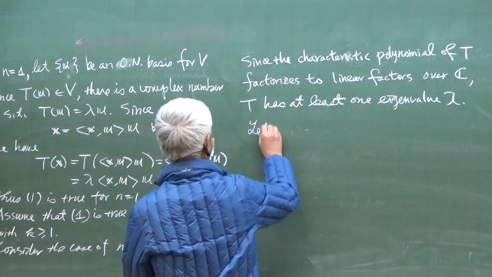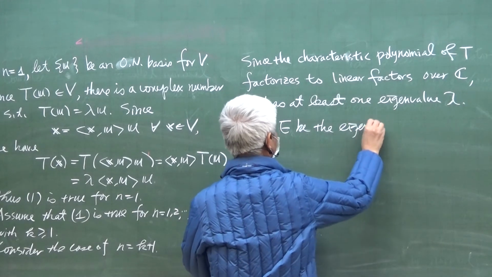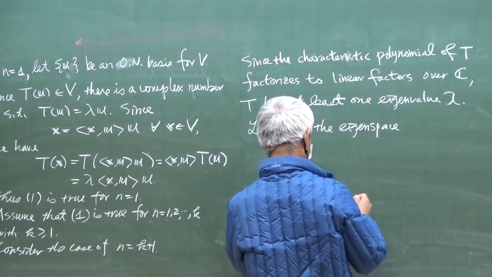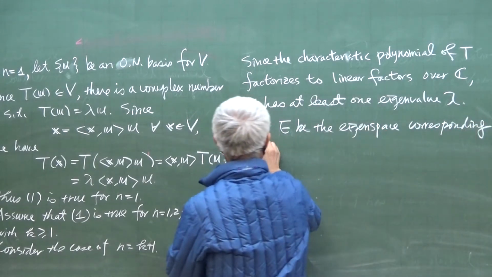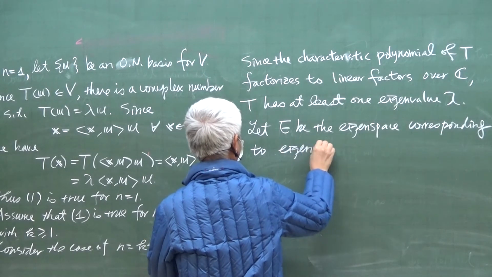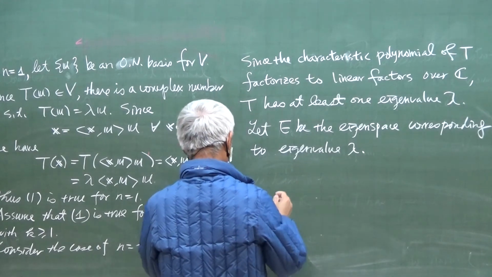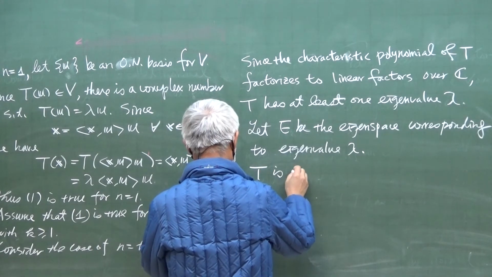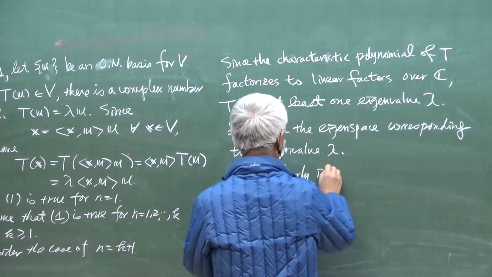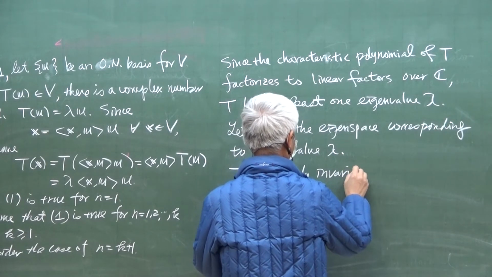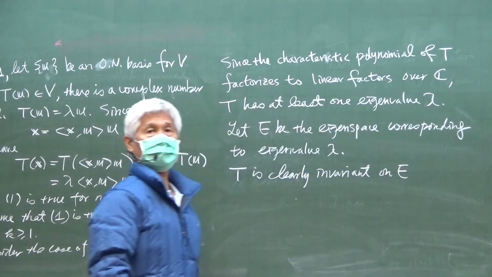Alright, so let E be the eigenspace corresponding to eigenvalue lambda. Now T is clearly invariant on E. Why?